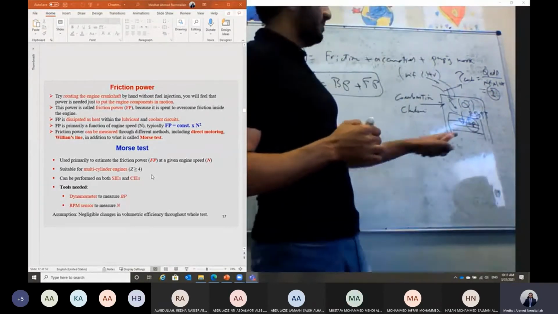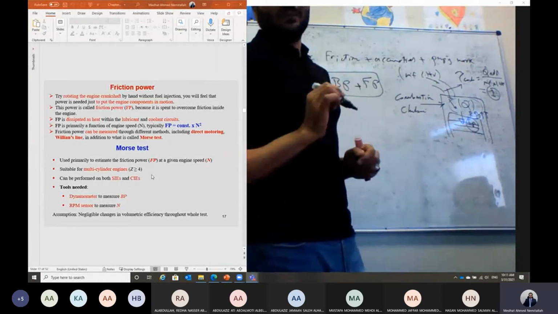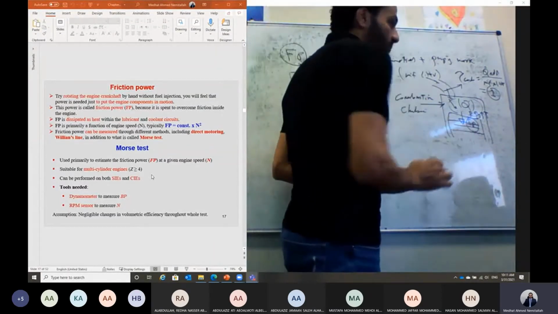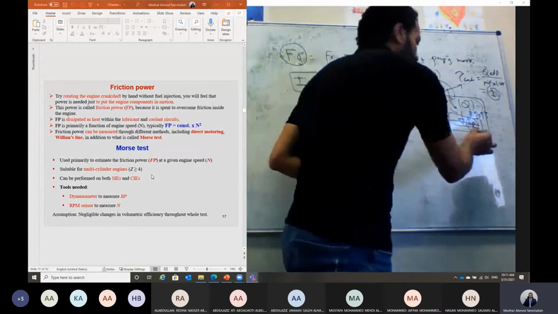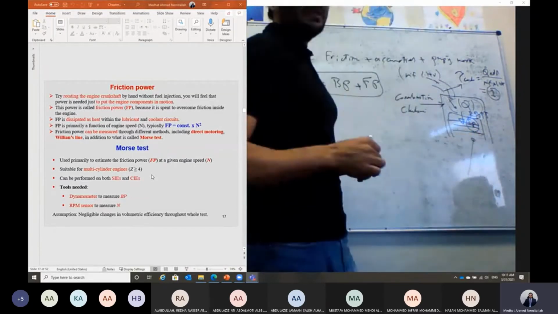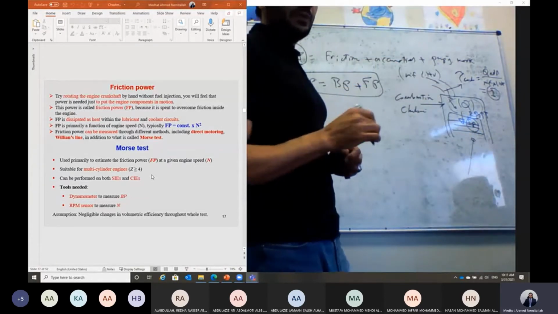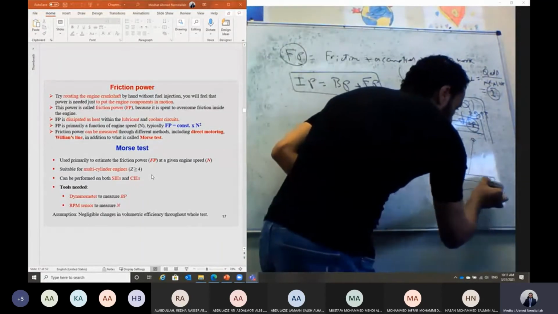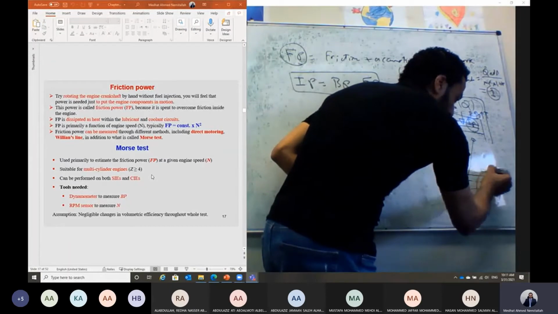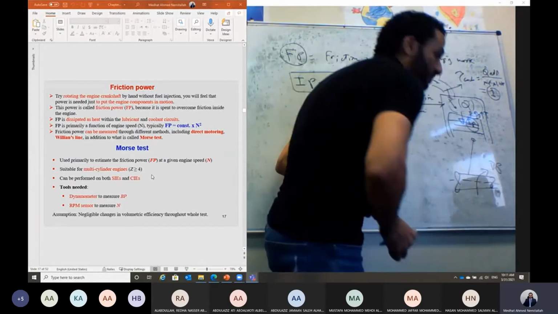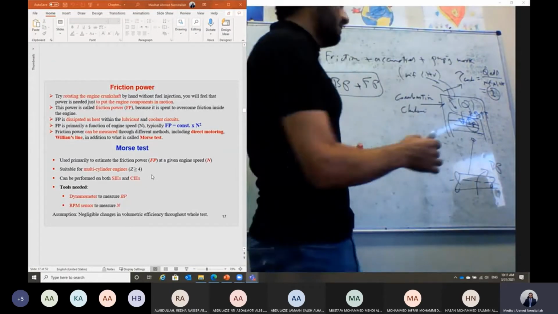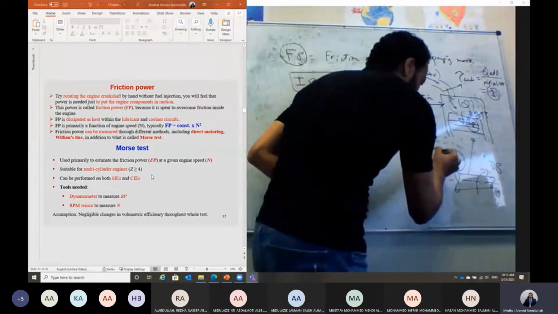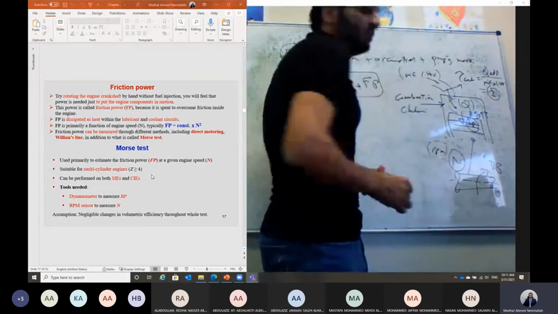Indicated power in this case, Shabab, is a mechanical power that will move the piston down. So the indicated power is the power that moves the piston down in terms of reciprocating motion, and at the end we have a connecting rod connected to a crankshaft, and this crankshaft will be rotating at a given RPM, the revolutions per minute of the crankshaft, and it can deliver to us at the end the brake power.